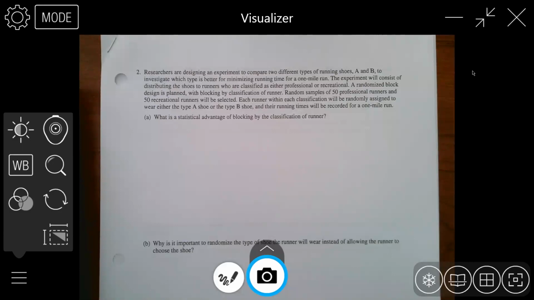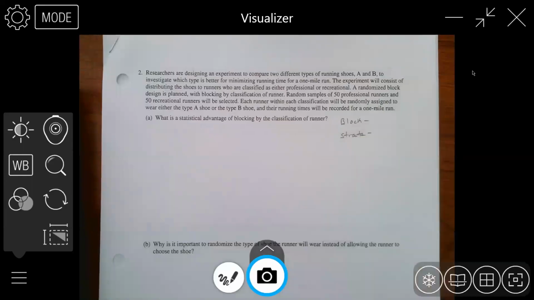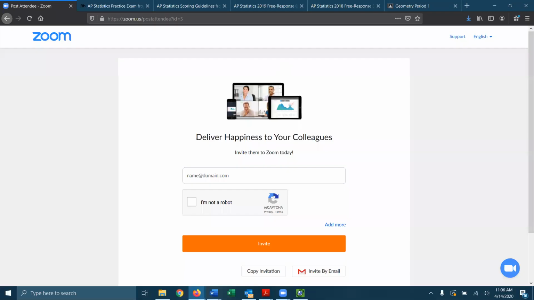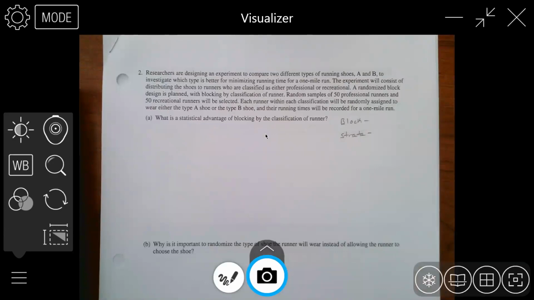Okay, so first off, does anybody remember the difference between a block and a strata? You can either unmute yourself or type directly into the chat box. Pull up the chat here if we've got anybody. So anybody for block versus strata?